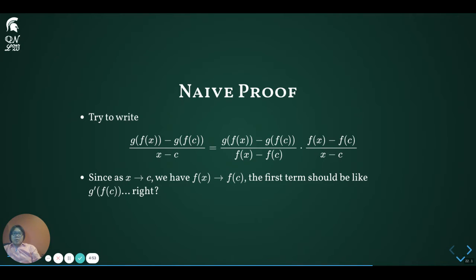To do so, we get that g of f of x minus g of f of c divided by x minus c can be split up as the product of two quotients. The first being g of f of x minus g of f of c divided by f of x minus f of c. And we compensate this additional denominator by returning it in the second term, making it f of x minus f of c divided by x minus c.